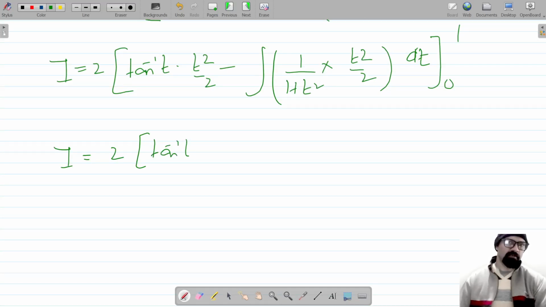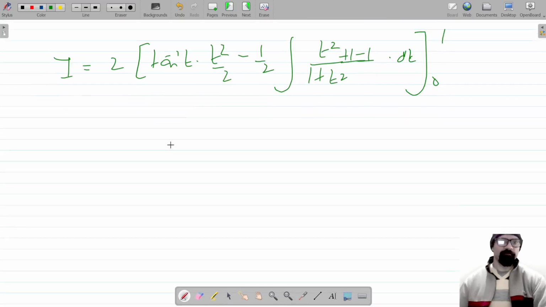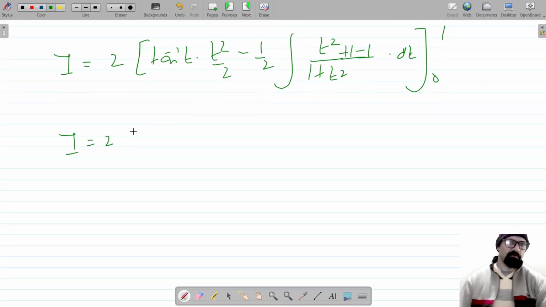Let's keep it as it is, tan inverse t into t square by 2 minus. Okay, ये इसमें से half, let's take half out. So this is now t square upon 1 plus t square और इसमें ऐड करेंगे एक बार प्लस और माइनस करेंगे। Let's add and subtract 1. So 0 to 1 and now I is equal to 2.